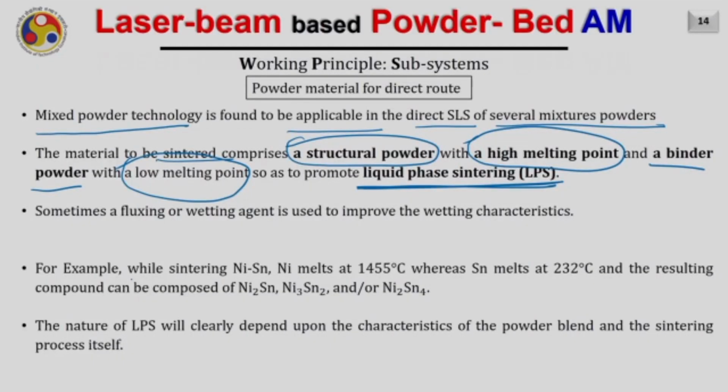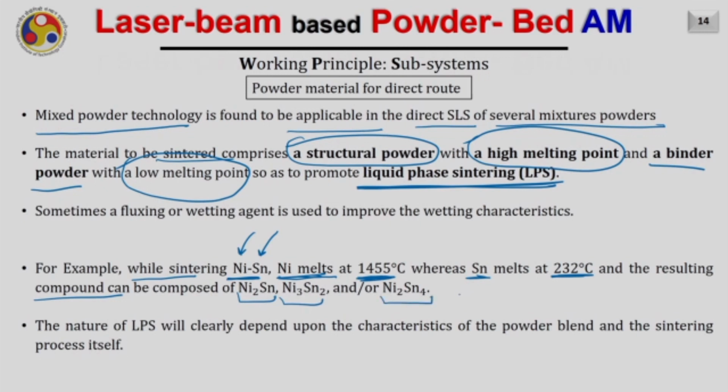So for example, while sintering nickel and tin, a mixture of nickel particles and tin particles, the nickel melts at 1455 degrees centigrade, whereas the tin melts at 232 degrees centigrade, and the resulting compound can be composed of Ni2Sn, Ni3Sn2 or Ni3Sn4.